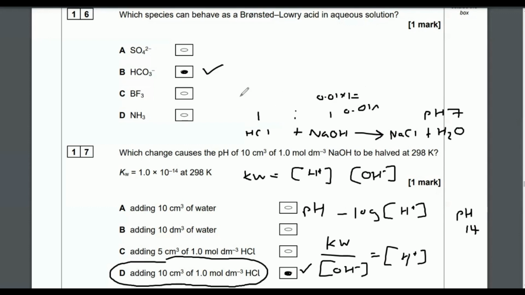And I've got the exact same thing for the hydrochloric acid, because we've got 0.01 decimeters cubed times 1 mole, which is 0.01 mole. So they are completely neutralizing each other. There's no excess acid or alkali, so we're going to end up with a pH of 7. That's the shorthand way of working that out rather than having to do all the calculations.